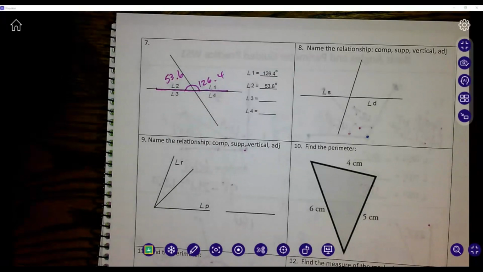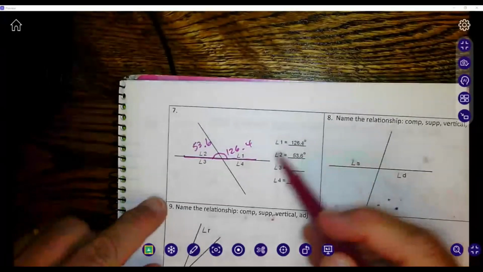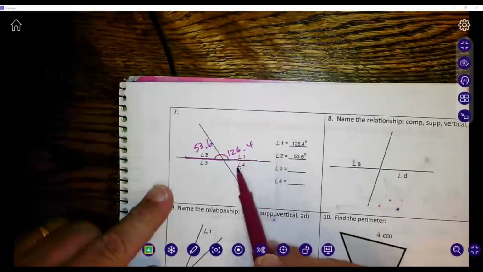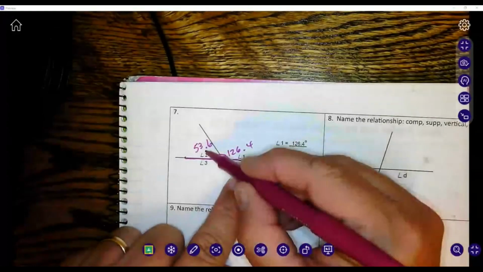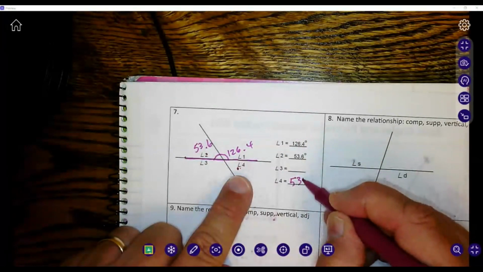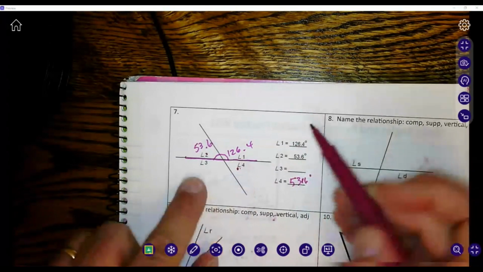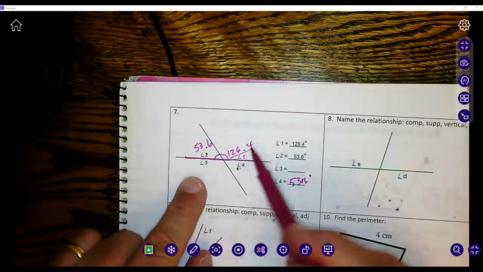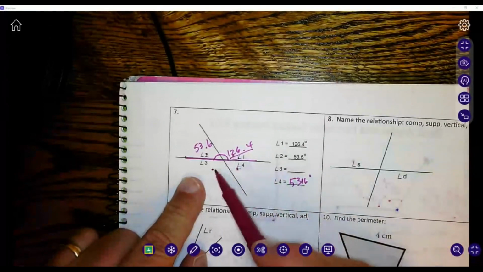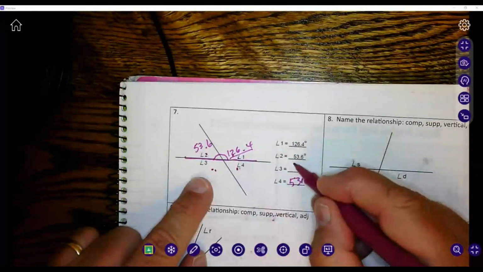So angle 2 and angle 4 are vertical. So if angle 2 is 53.6, then angle 4 is 53.6.